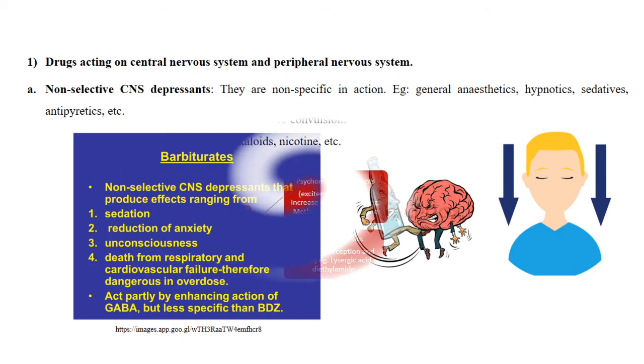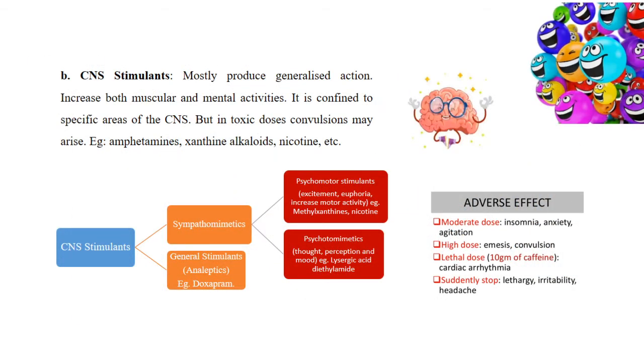And the next one is CNS stimulants. From the word itself, we can understand that these drugs stimulate the central nervous system, or increase the function of the central nervous system. We will be giving some excitatory response. Okay, so here again we have two categories.